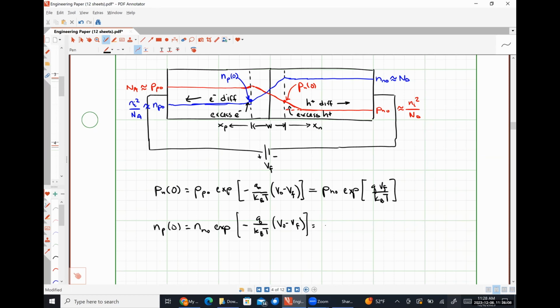And this guy could be written as np naught times the exponential of q Vf divided by kBT. So, hopefully fairly obviously, the exponential of q over kBT times V naught times pp naught is just pn.